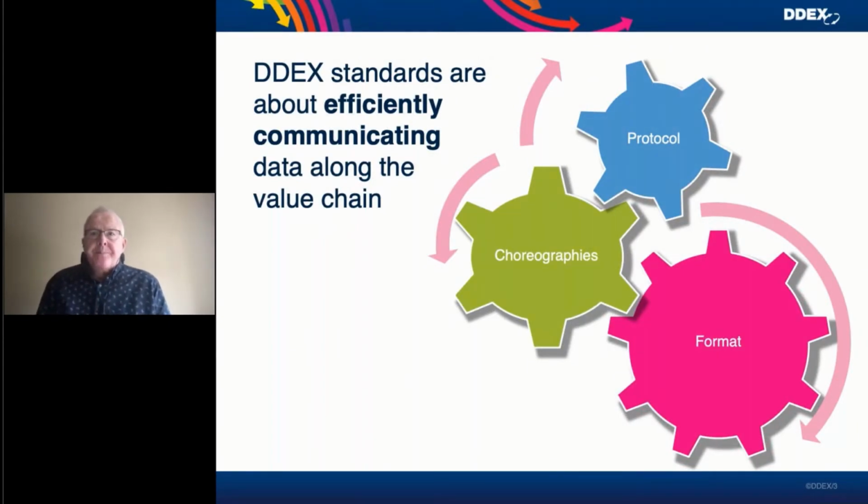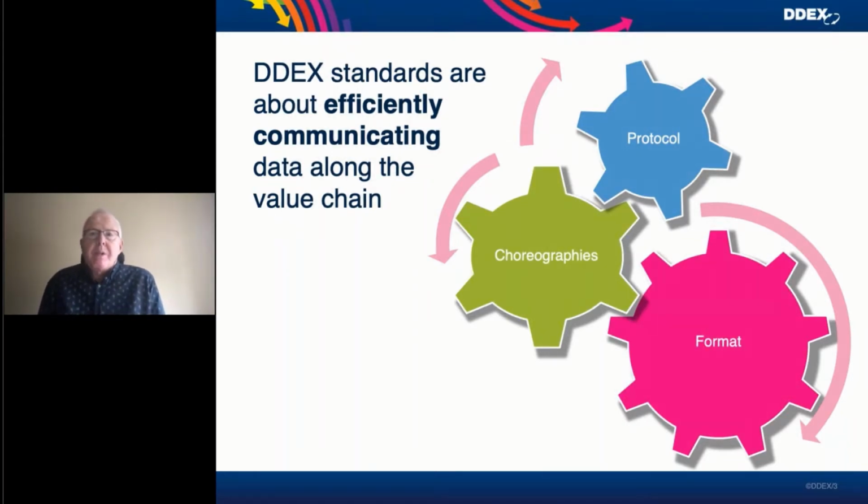So, as most of you probably know, DDEX is a standards organization, and our focus is on improving the flow of data along the music industry value chain to create more efficient and cost-effective communication of that data. And we do this in three ways. Firstly, and probably what people know DDEX best for, we create standard formats, standard computer messages.